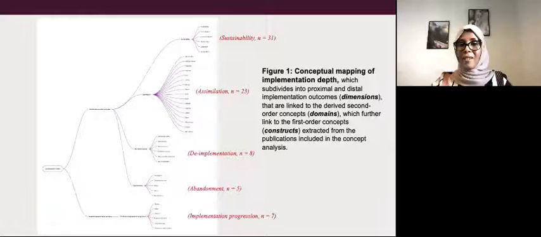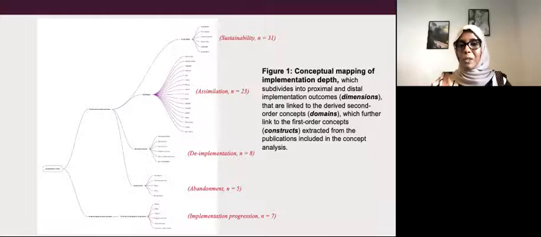With regards to the number of studies developing each of the first order concepts categorized under each of these domains, there were 31 studies developing concepts under sustainability, 23 studies under assimilation, 8 studies conceptualized different terms related to de-implementation, and the least number of studies, which were 5 in number, conceptualized terms related to abandonment of an innovation. And we had 7 studies developing concepts under the last category of implementation progression.